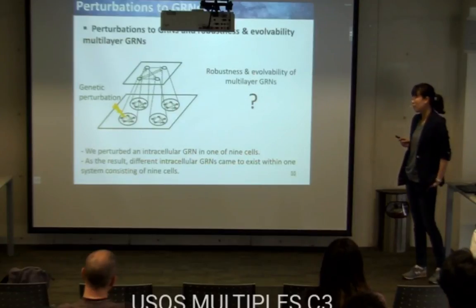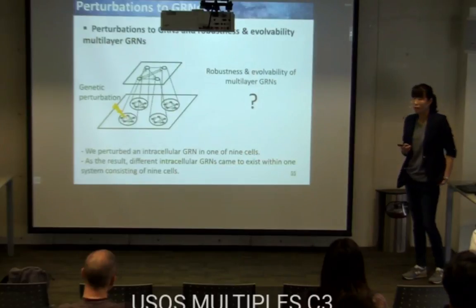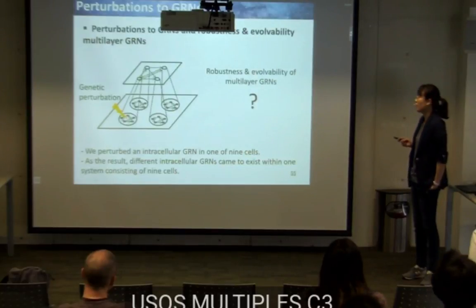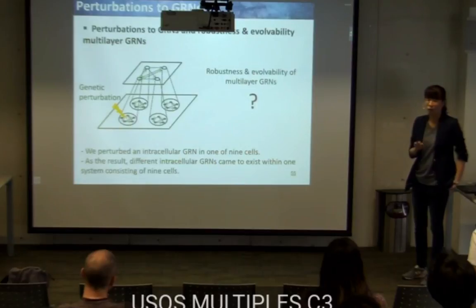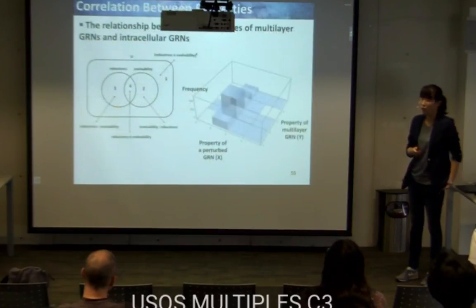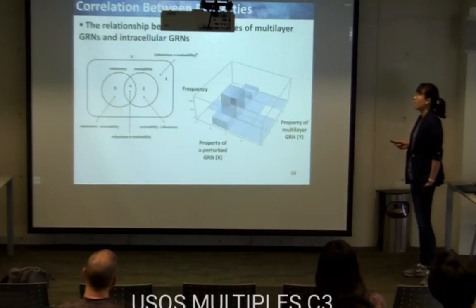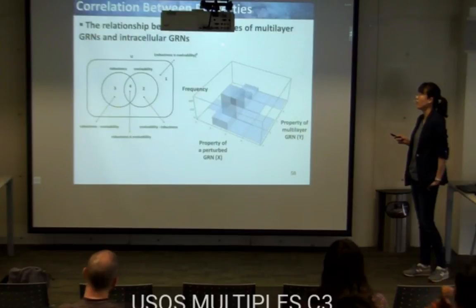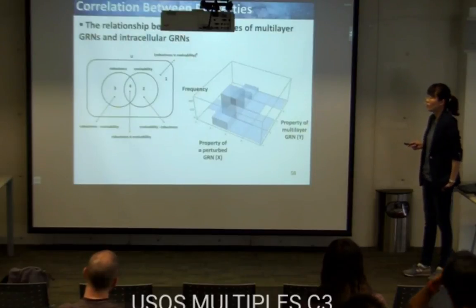If the perturbed intracellular GRN is robust, is the multi-layer GRN robust as well? To answer the question, we investigated the relationship between the properties of multi-layer GRNs and intracellular GRNs.